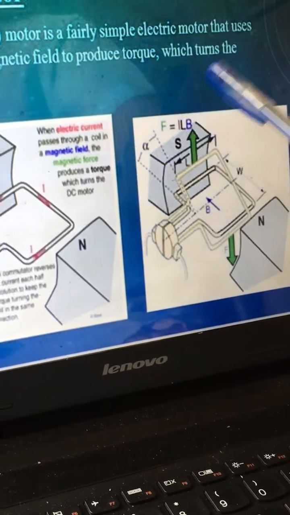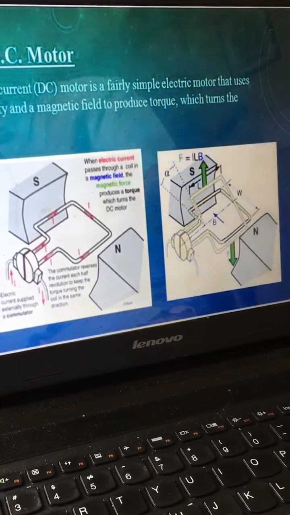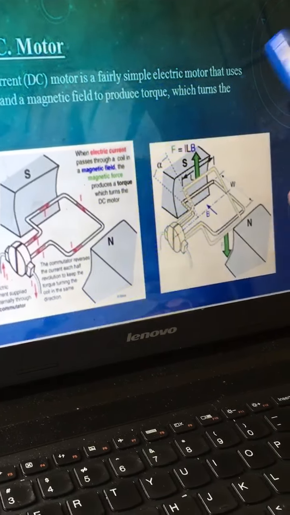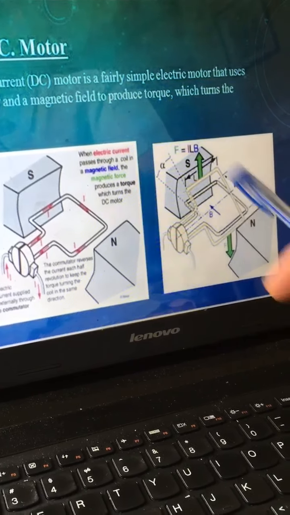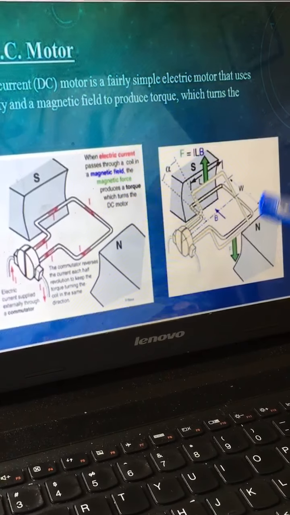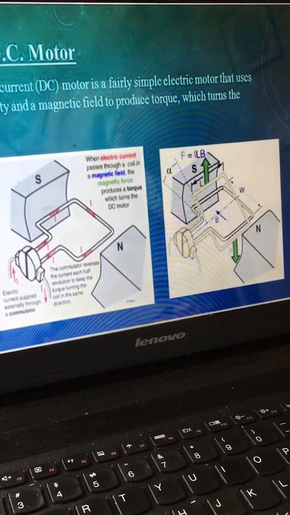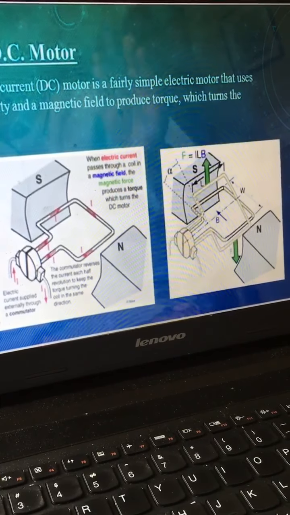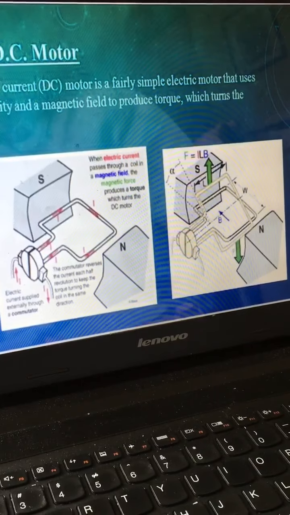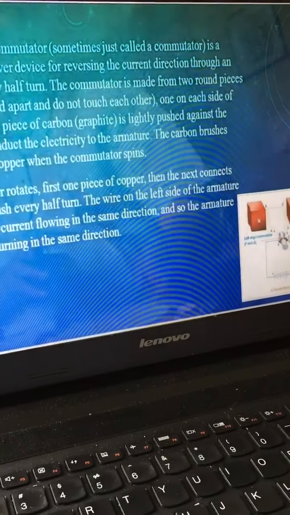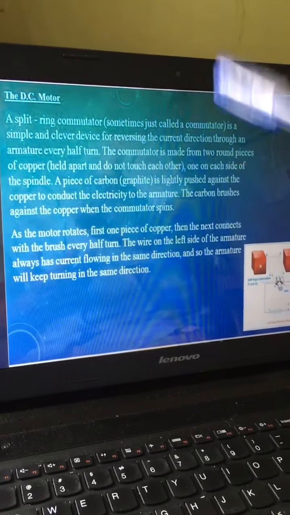So one force acts upward, and on the other arm the force acts downward, so torque is produced and the armature turns. When the armature turns, electrical energy is converted into mechanical energy. So you can attach wheels, a fan, or grinder machines, so many things we can attach and make a device. So children, there are four main parts.